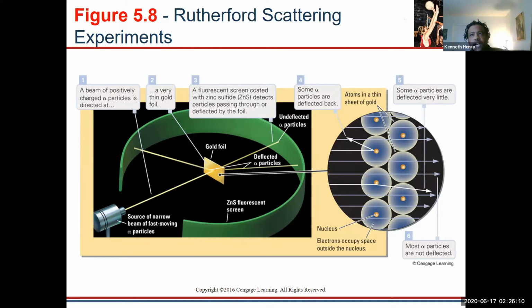So if you have a positive bouncing off the center of something, what would you assume about that center? A positive molecule bouncing off of it. That it's positive as well? It's positive as well, because if we have positive and positive come together, what happens? They go in the opposite direction.